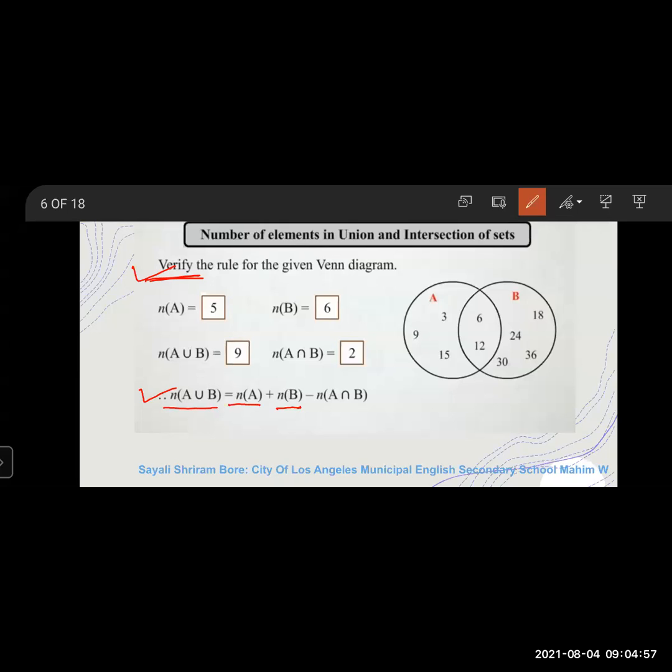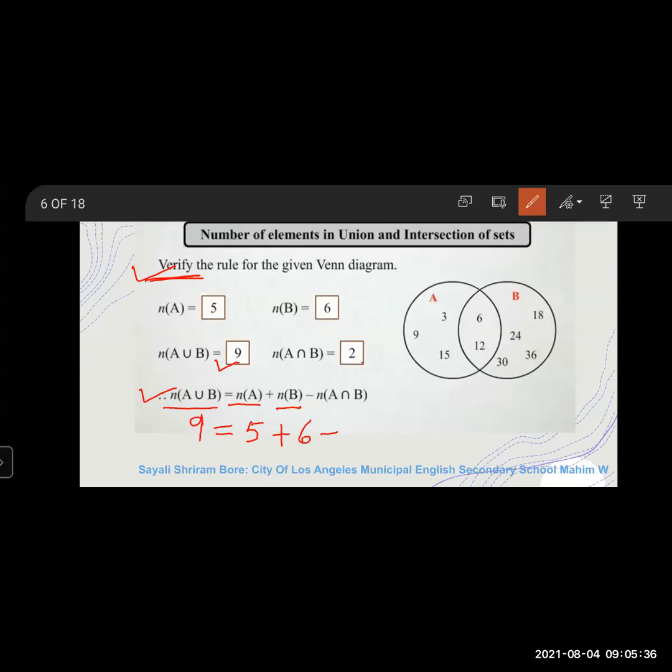Now here we will verify, meaning we will check whether the left hand side is equal to the right hand side or not. This will really help you to solve the further examples. So look here, n of A union B. How many elements are there in the union? 9, which is equal to the elements in set A, that is 5, plus the elements in set B, 6, minus the elements in the intersection.